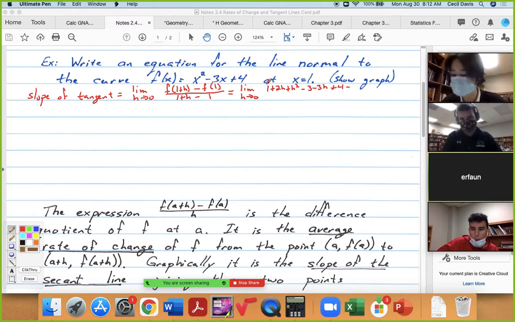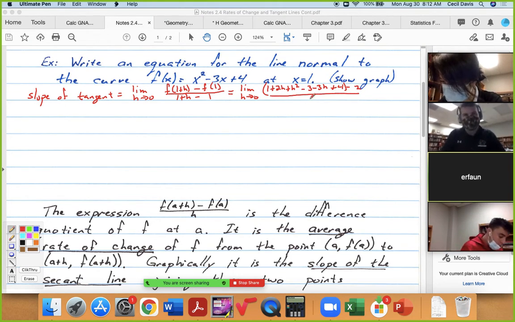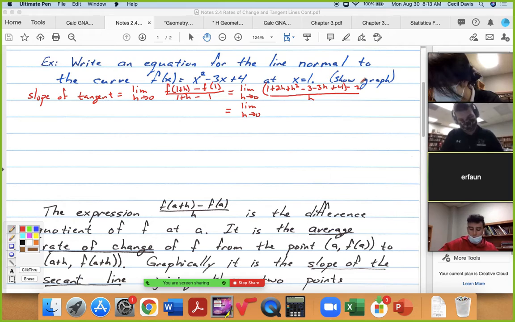All of that minus, if I substitute in 1, that's 1 minus 3 is negative 2, plus 4 is 2. All over h. So that's the limit as h goes to 0 of, let's see, got 1 minus 3 is negative 2, plus 4 is 2, minus 2.